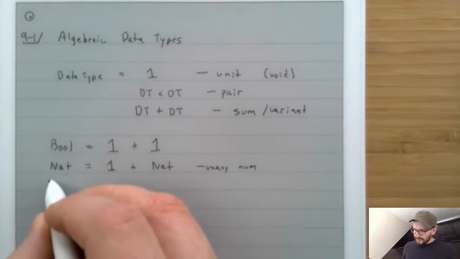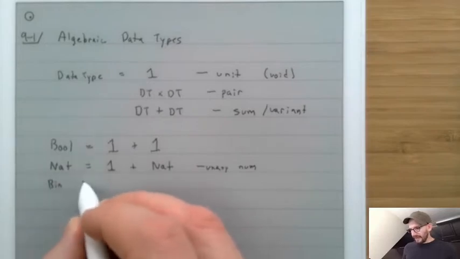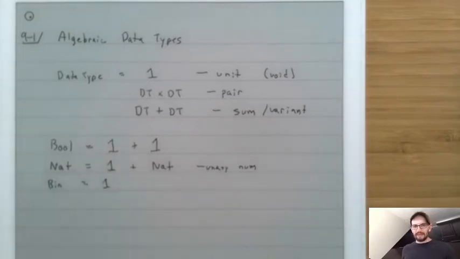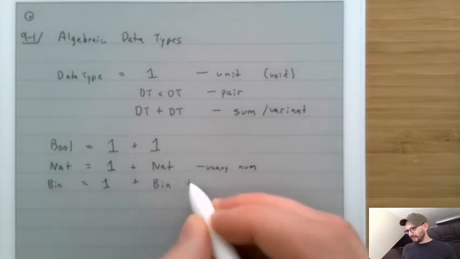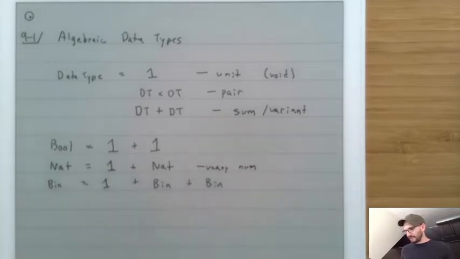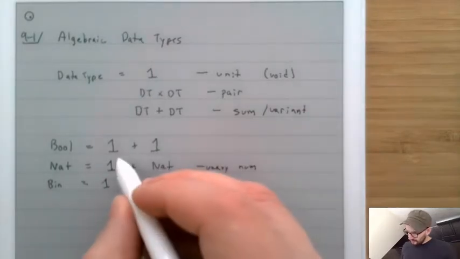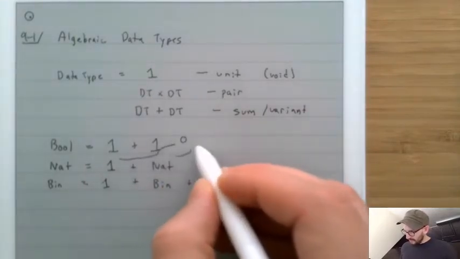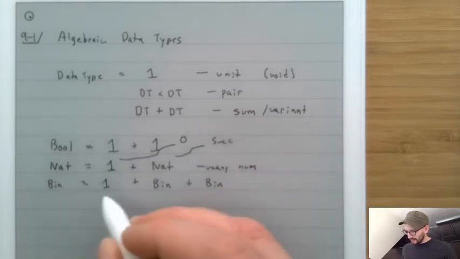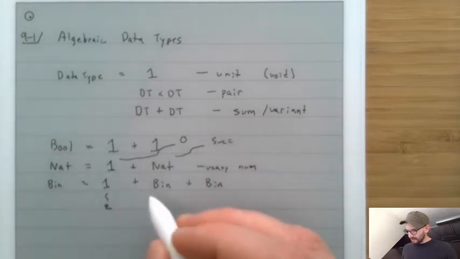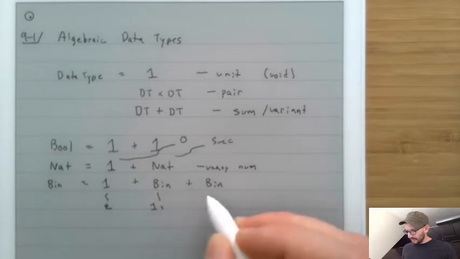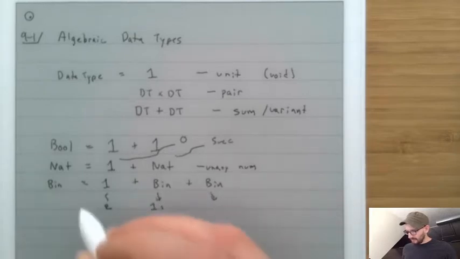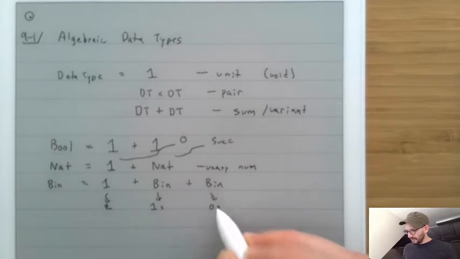We could also represent numbers in binary by saying it's either a string that's empty, or a string that has a 0 in front of it, or a string that has a 1 in front of it. And so this right here means 0, this right here means the successor. This would mean epsilon, and this would mean a 1 and then some string, and this would mean a 0 and then some string.